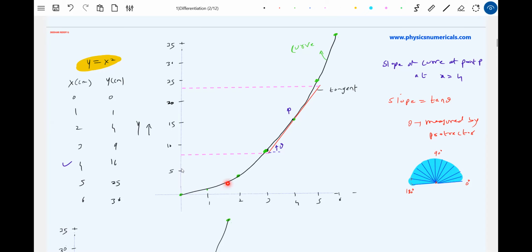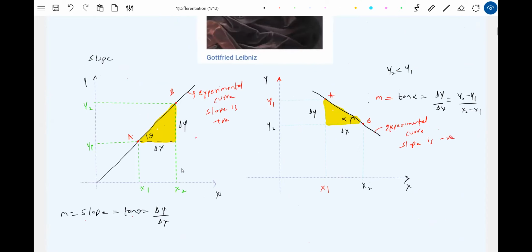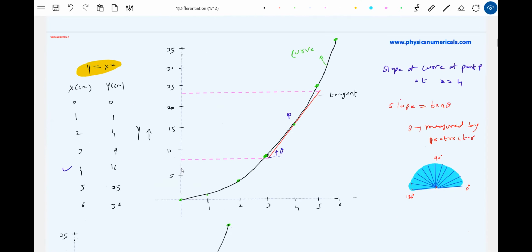What is the slope at different points? It will be different. The slope of this curve is different at different points. The slope of a straight line is the same at all points, but for a curve, the angle made by the tangent with the horizontal will be different at different points.